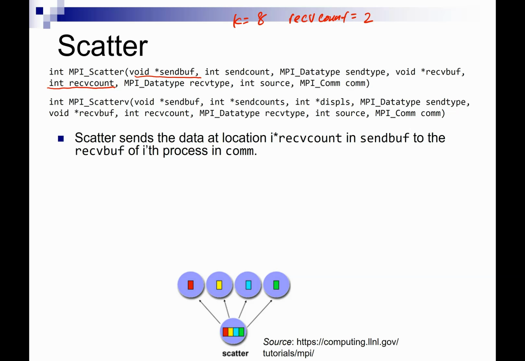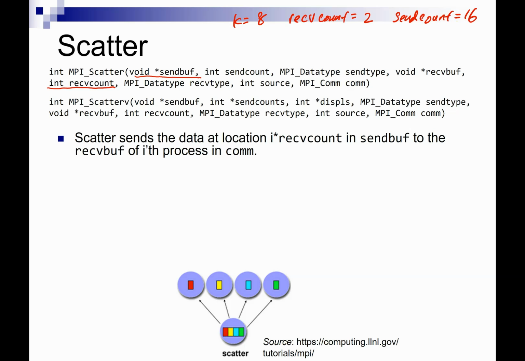Every process is going to receive 2 values from me. That means my send count has to be 2 times 8, which is 16 values. So my send buffer is going to have 16 values, and all of the other processes are going to have a receive buffer of size 2.